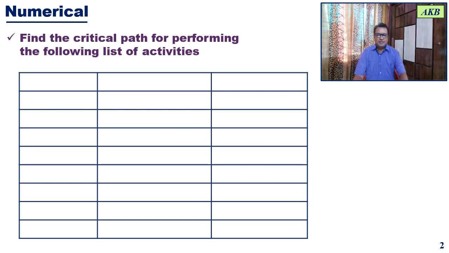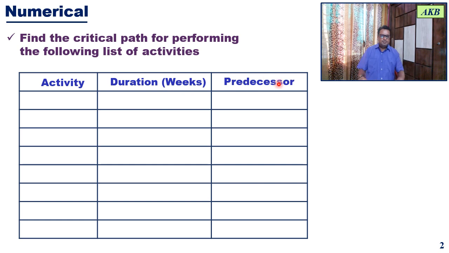These activities are part of the entire project work, and you know work breakdown structure is used to divide the entire project work into small activities, and we are listing those activities. We will note down all activities and the duration for each activity. Duration for each activity is given in weeks.